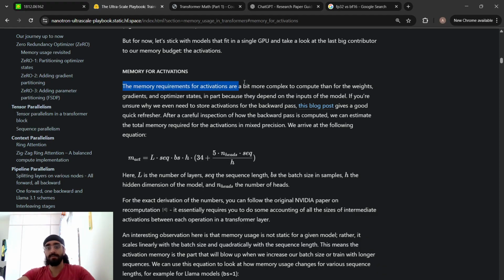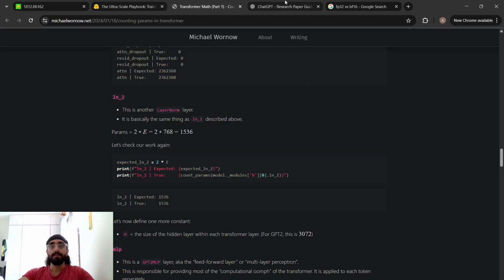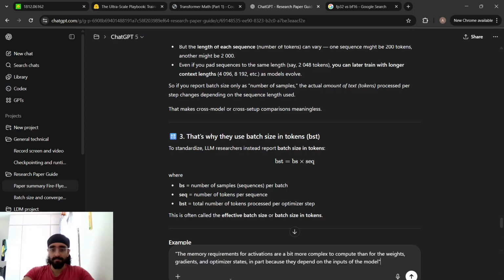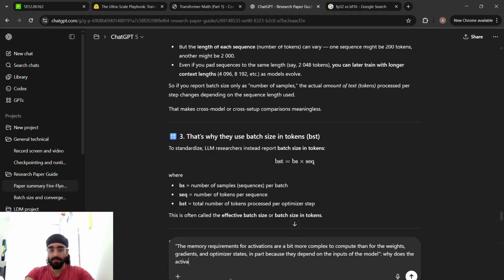Let's ask ChatGPT. Why does the activation memory required to store the activations in LLM training depend on the inputs of the model?